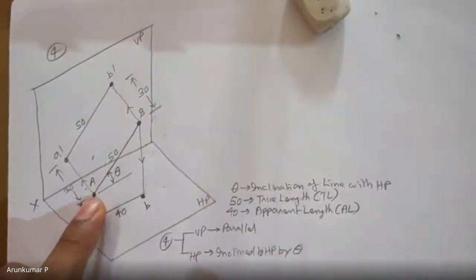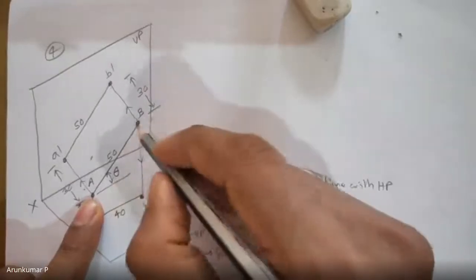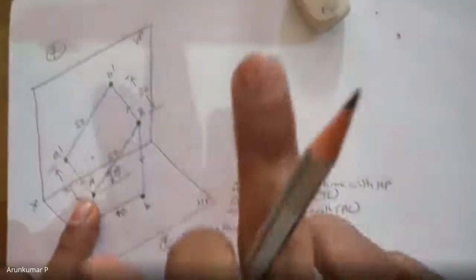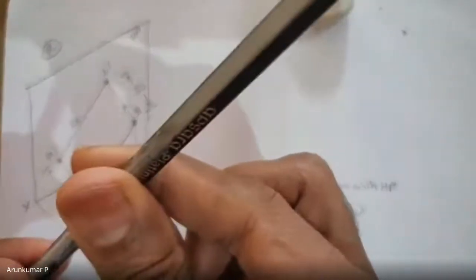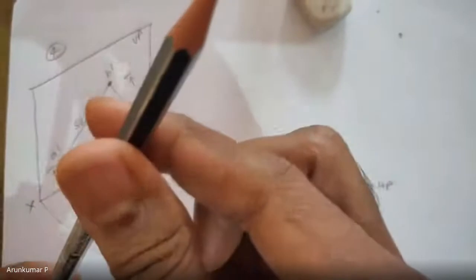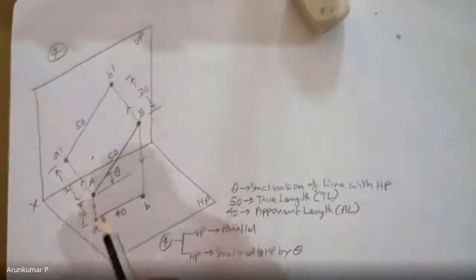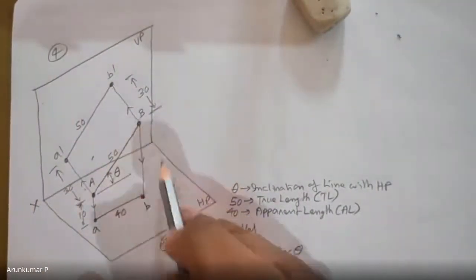With A as center, radius equal to AB, 50 mm, I'm going to rotate the line about the point A. Whenever you are rotating something, you fix one end and you rotate the other end. That is how it happens. In this case, I am fixing the end A and rotating the end B. So please observe how I rotate.